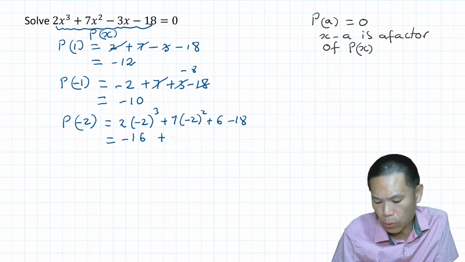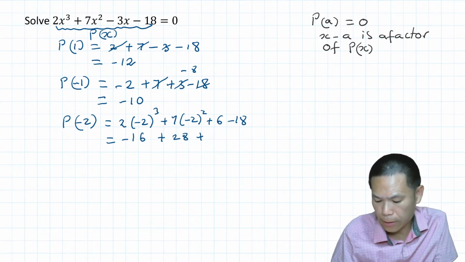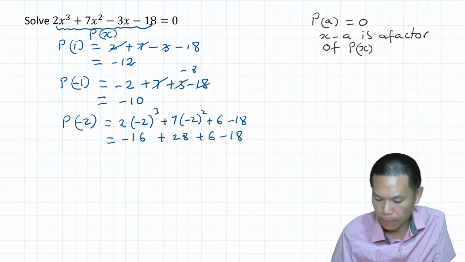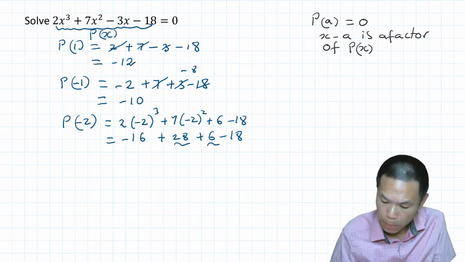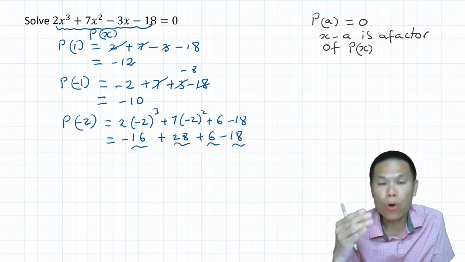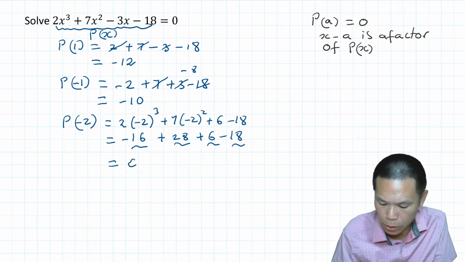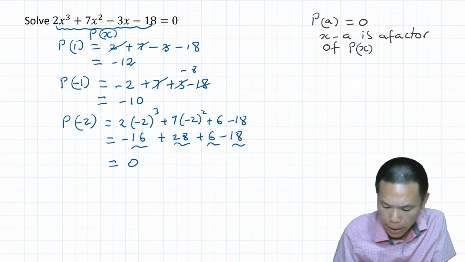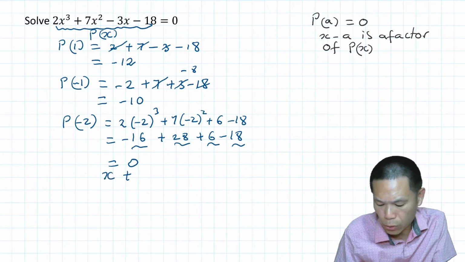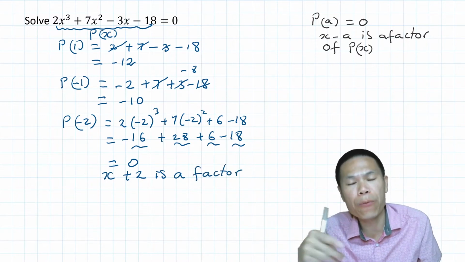That becomes plus 28, then plus 6 minus 18. This adds together to give me 34, and this adds together also to give 34, but negative 34. So that is equal to 0. So this means that x plus 2 is a factor. There you go, so now we've found one factor.